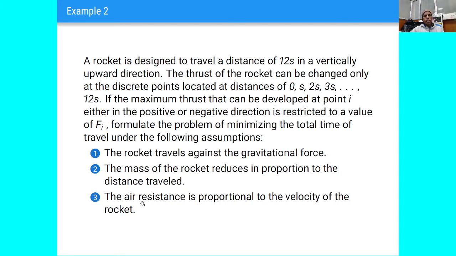Then there is the third constraint: the air resistance is proportional to the velocity of the rocket. Okay, so there are three conditions. The rocket travels against the gravitational force, the mass of the rocket reduces in proportion to the distance traveled, and the air resistance is proportional to the velocity of the rocket.